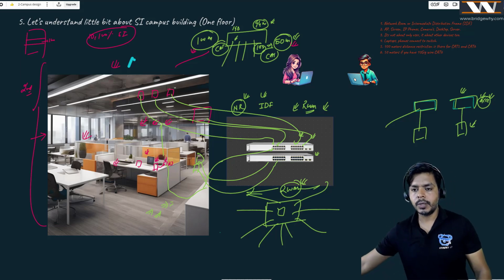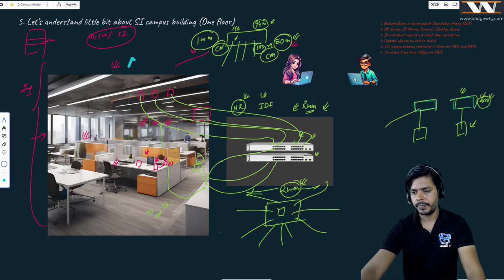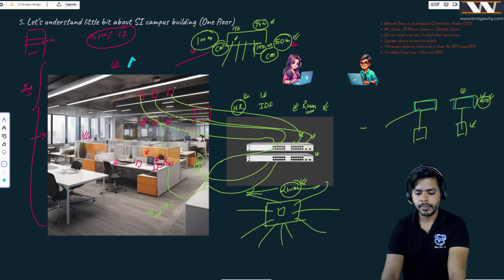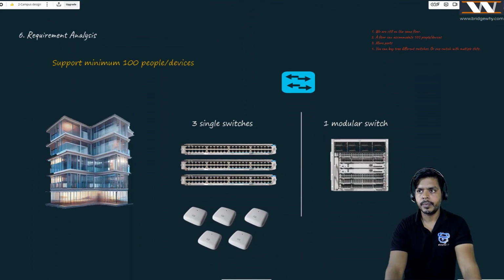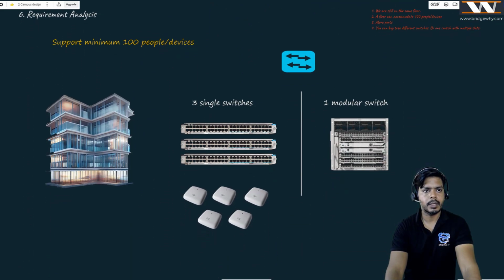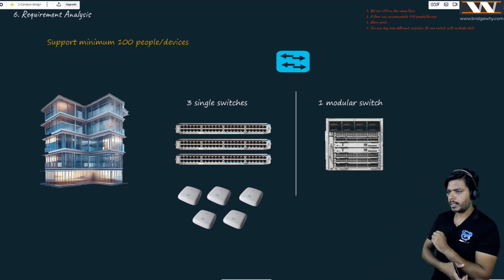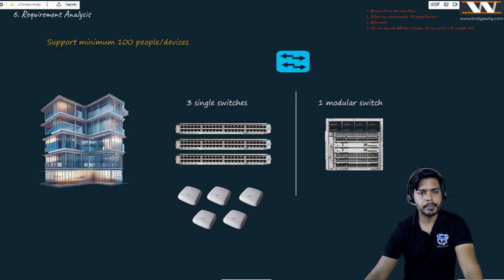Okay, so let's move on to the next board. Here you go. Now we are going to start requirement analysis, and the first requirement was support for a minimum of 100 people or devices.